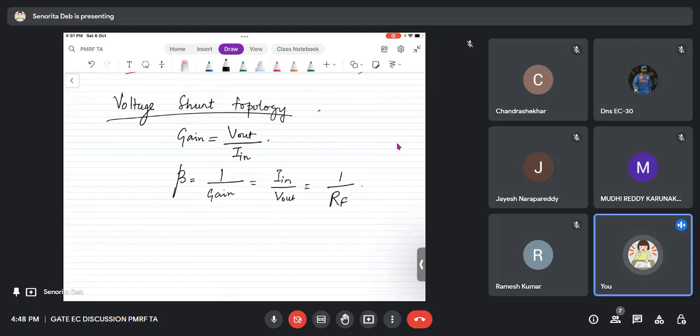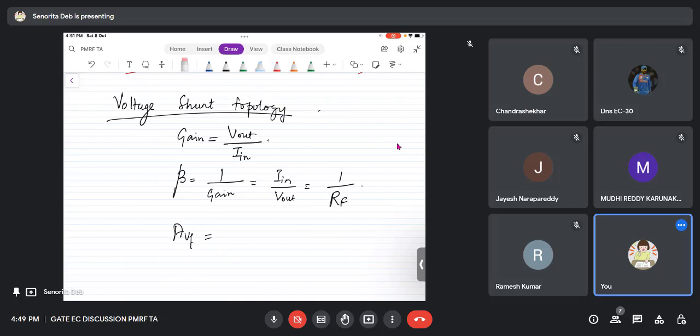And the closed loop voltage gain will be given by, sorry, not beta into, but the input resistance into beta.